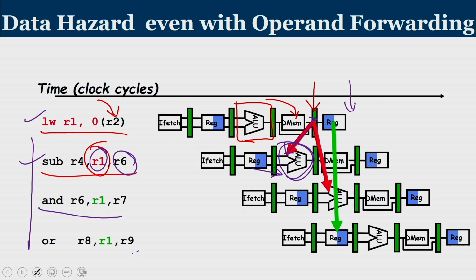Whereas, this AND instruction and OR instruction, with proper operand forwarding, are going to get the corresponding operands. So, what we have seen here is, whenever we have an ALU instruction which immediately follows a load instruction, and if there is a dependency on that load instruction, then even with operand forwarding we cannot resolve the hazard.